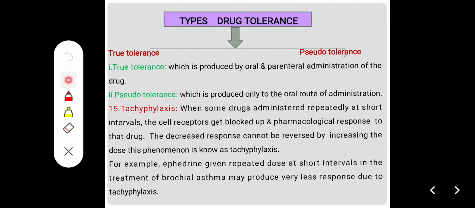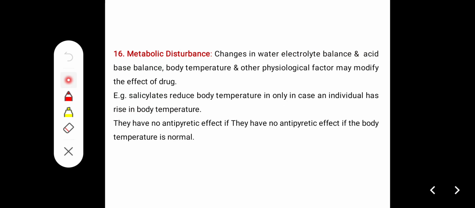Tolerance means repeated administration of the same drug decreases the responsiveness, but in tachyphylaxis, a drug administered repeatedly at short intervals blocks the cell receptor and the pharmacological response decreases. Next and last factor is metabolic disturbance. Changes in water electrolyte balance, acid base balance, body temperature, and other physiological factors may modify the effect of drugs. Salicylate, meaning aspirin, reduces body temperature only in an individual who has a rise in body temperature.